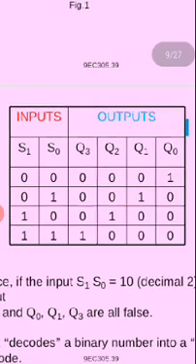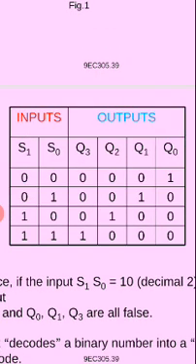For 0, 1 combination of inputs, the Q1 becomes 1 and Q3 0, Q2 0, Q0 becomes 0.